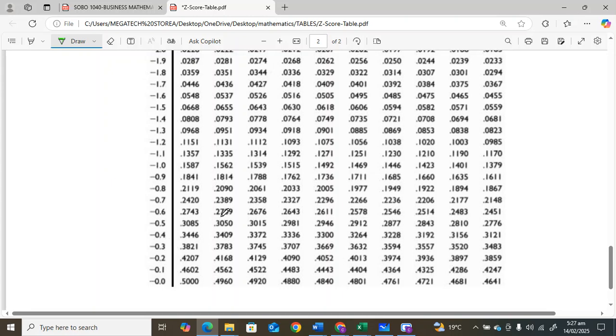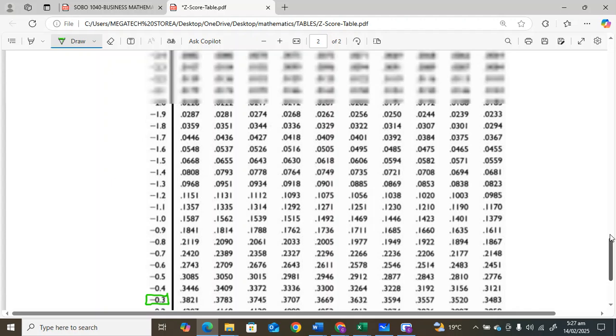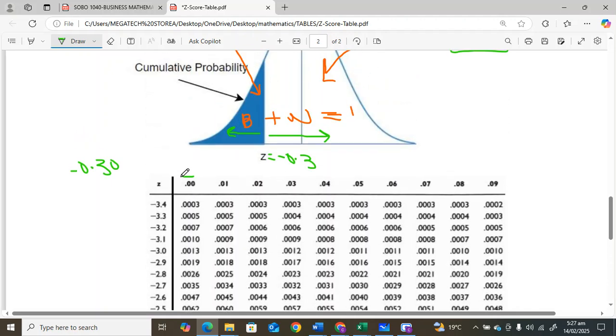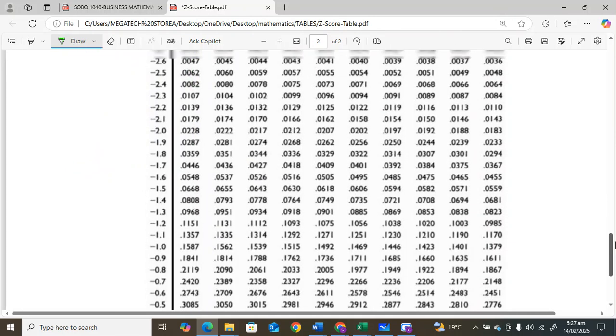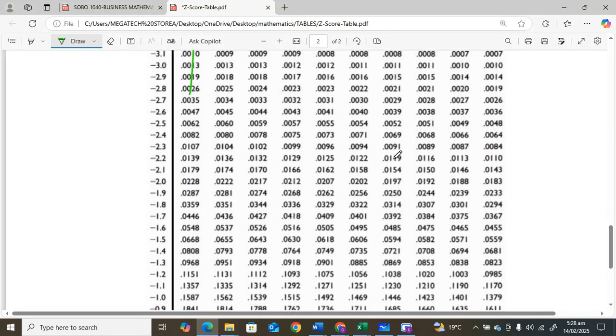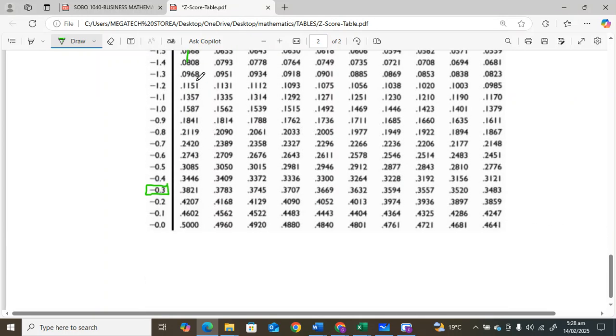Yes, this is the value. The first two numbers, 0.3, in the column. Then the last number is 0. So you come to this row, and when you intersect, you get 0.3821.